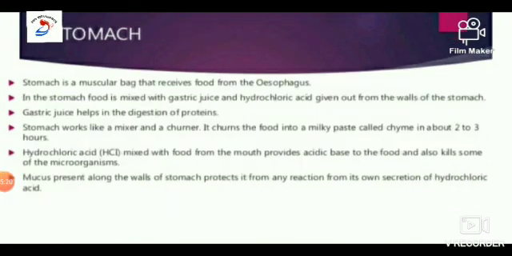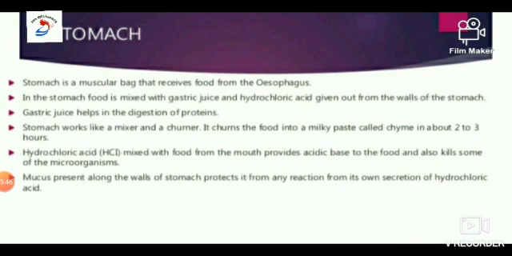Next, let us learn in detail about the stomach, whose picture we saw in the previous slide. It's a muscular bag, a flattened U-shaped or J-shaped organ. It receives food from the esophagus. Which juice is secreted in the stomach? Gastric juice. What are the secretions present in the stomach?